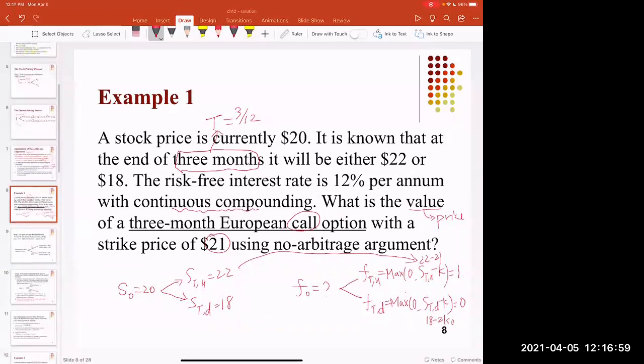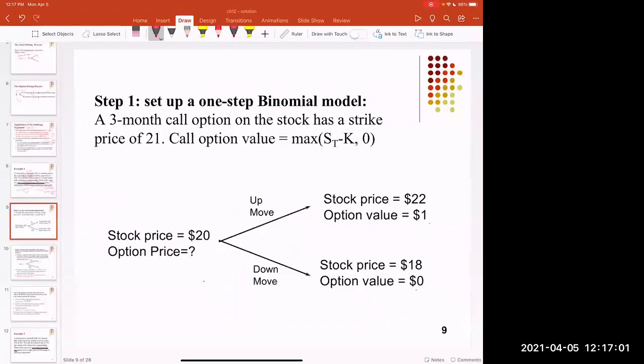So first step, figure out the binomial tree. Step 1, set up a one-step binomial model. And for call option value, that's the formula. For stock price, that's 20. For option price, that's what we are looking for, right? When stock price is going up, we have a stock price of 22 and option value is 1. We figured it out already in the previous slides.